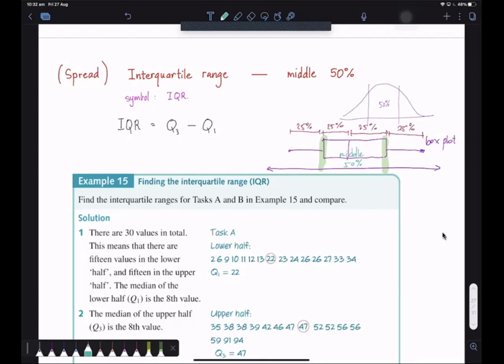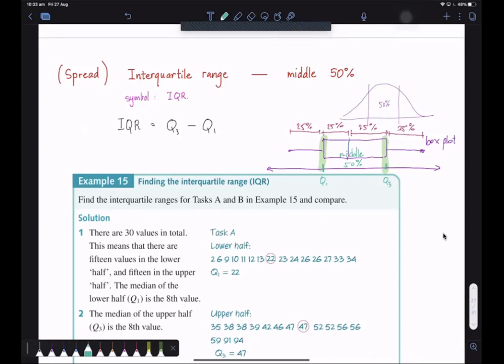Okay, so how do we calculate this? We calculate this by finding Q3 and Q1, so quartile 1 and quartile 3. The process to do this is super long. It's super long because in order to find Q1 and in order to find Q3, you need to find the median first.